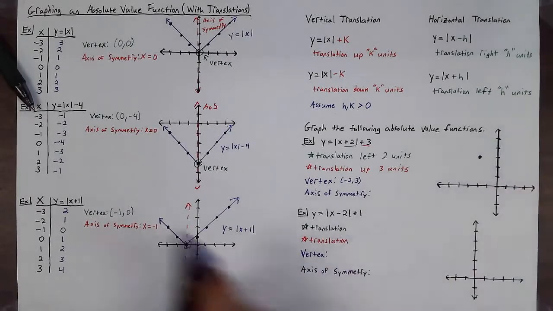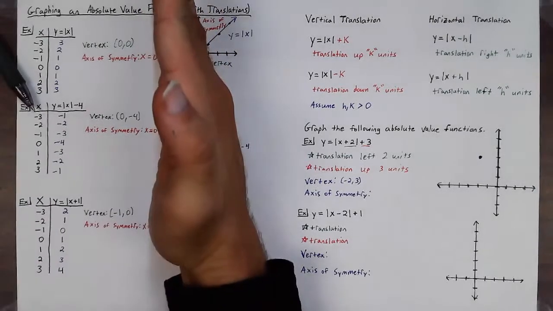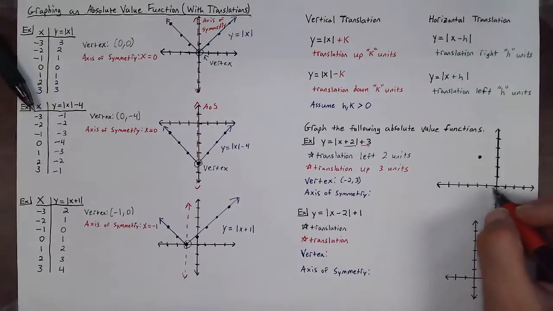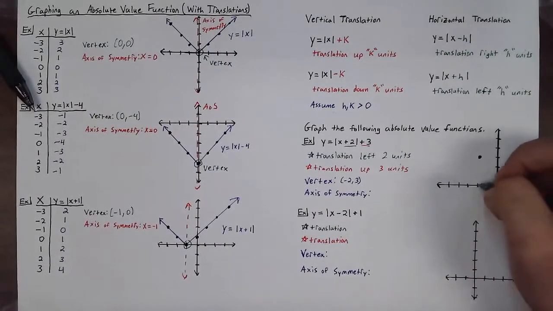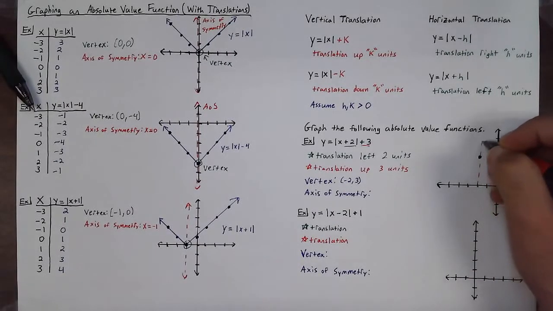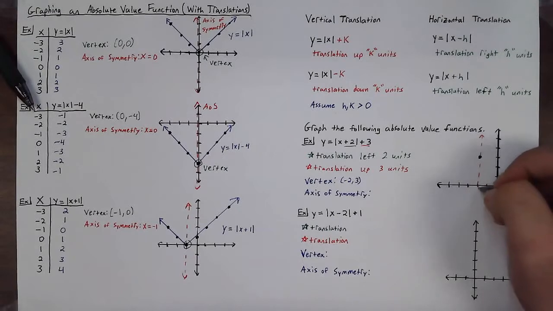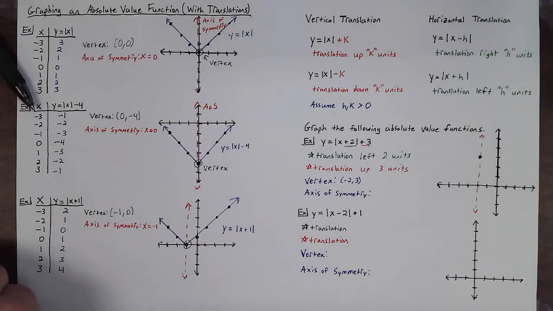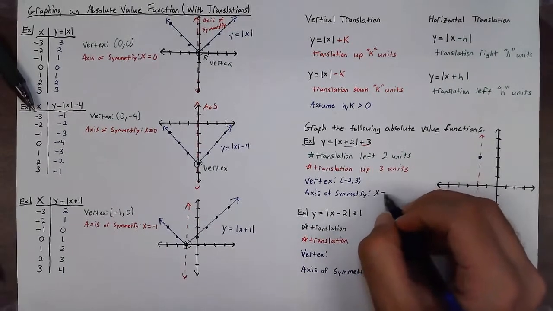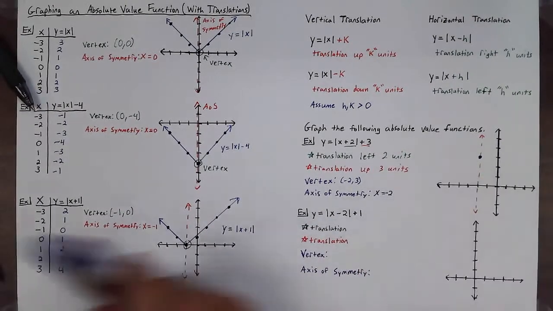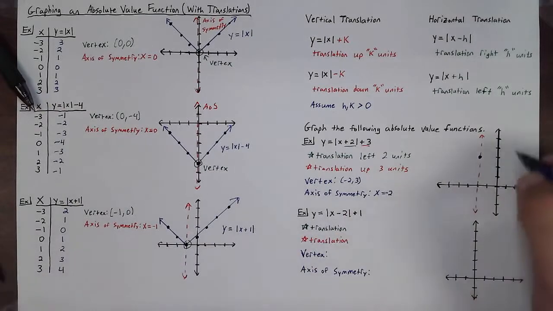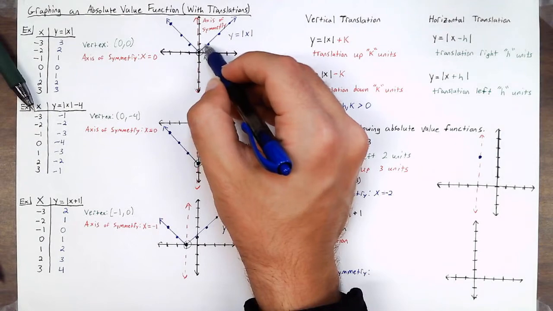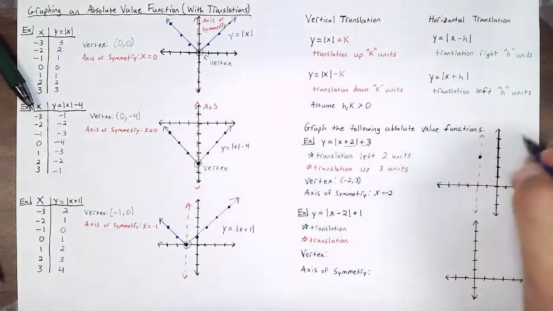And our axis of symmetry, which normally is at x equals 0, if we shift it to the left 2 units from 0, now puts it right here at x equals negative 2. And when I go to graph, you'll see here there's typically a slope of 1 as I go up 1 over 1 to create that graph to the right. So the same thing here.